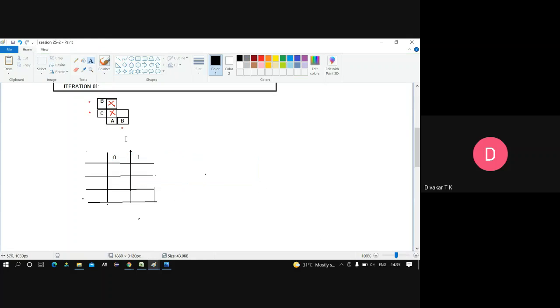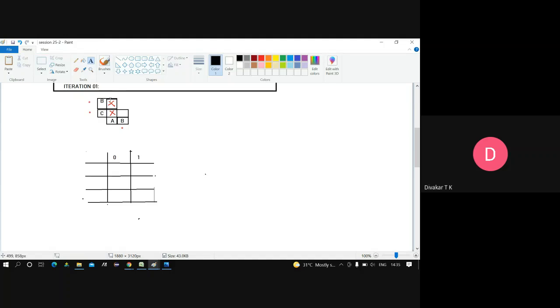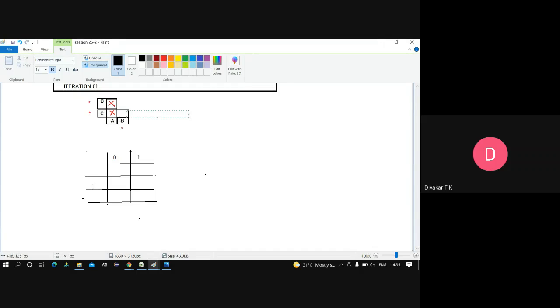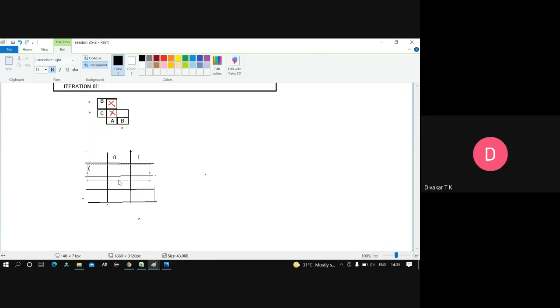Now understand carefully. All the cells are here. How many cells are there? This is 1 cell, 2 cells, 3 cells. We have to perform all cells. First one, what is that? This cell, concentrate, first row at the top. This cell belongs to A comma B. I'll just write it: A comma B. Understood?